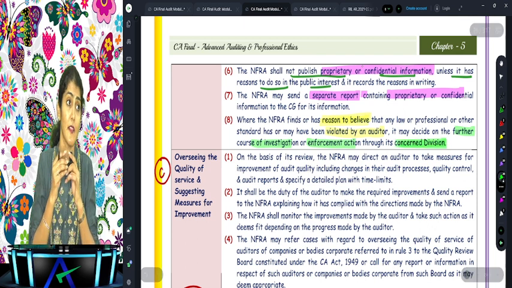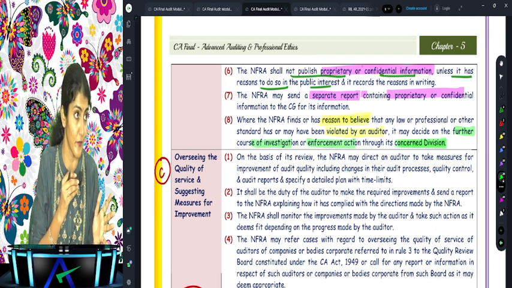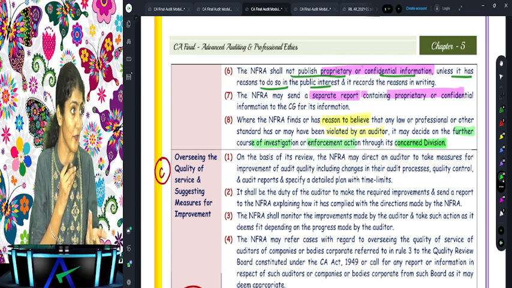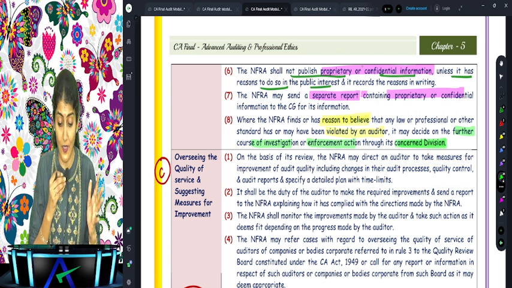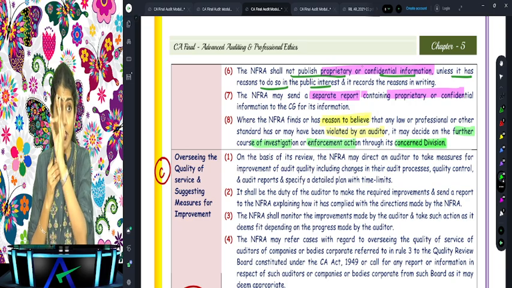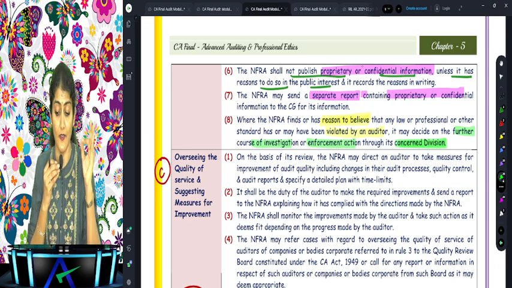So they can make the life of the auditor miserable. In that case, they are saying it in good words over here: further course of investigation or the enforcement action through its concerned division.